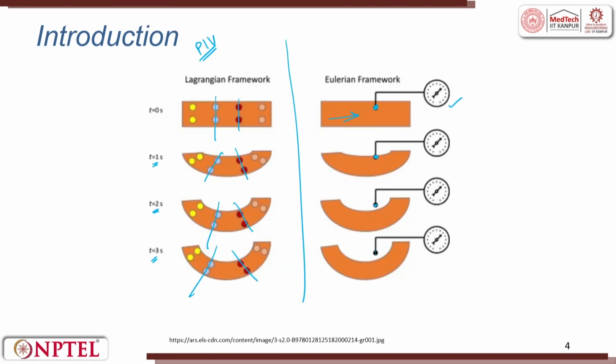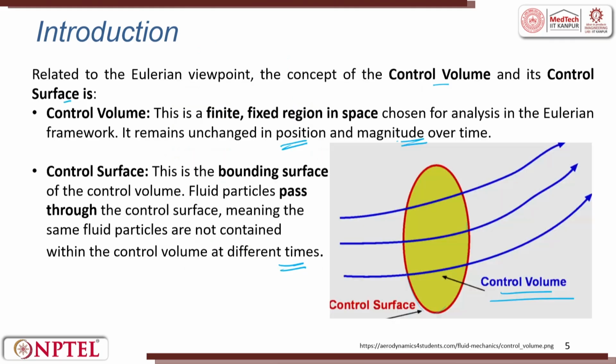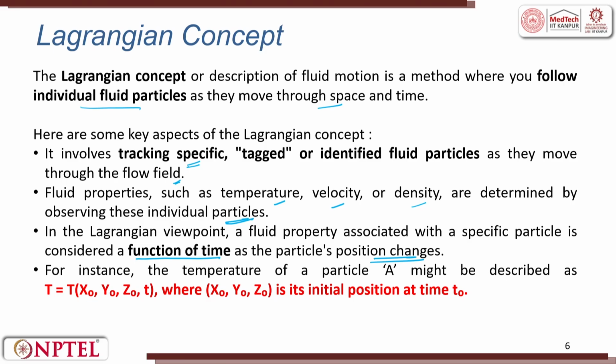For example, when you go back and look at t equal to 1 second, you see where the yellow dots have gone. At 2 seconds, you see where they have gone, and at 3 seconds, where they have gone. So, for instance, the temperature of a particle A might be described as T equal to T, a function of x naught, y naught, z naught with respect to time, where x naught, y naught, z naught are the initial position at time t naught.